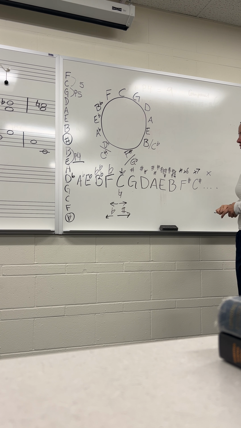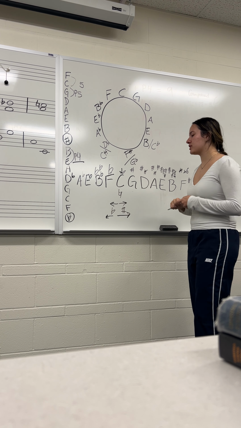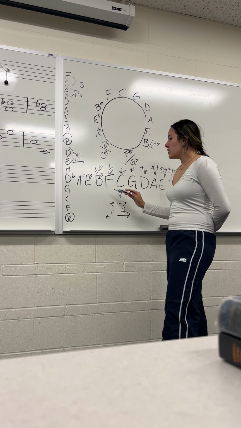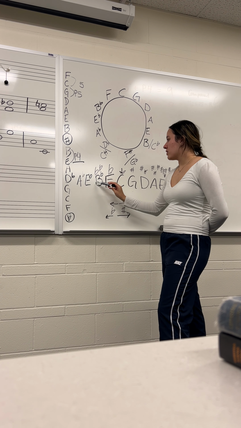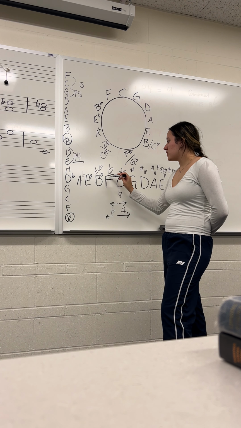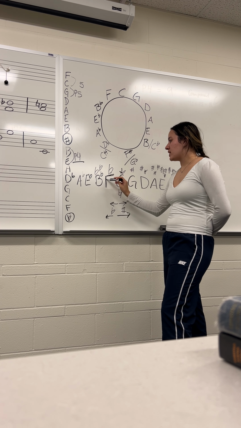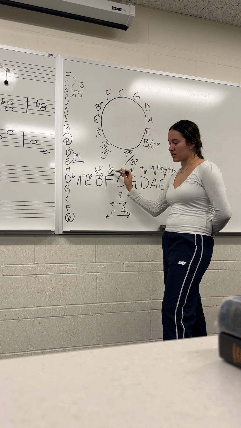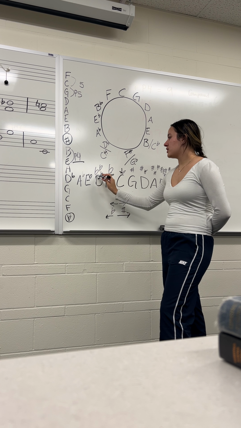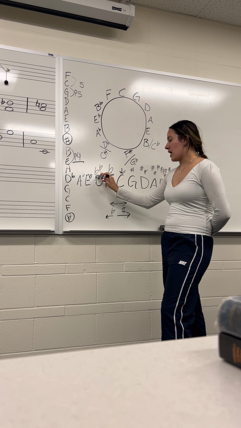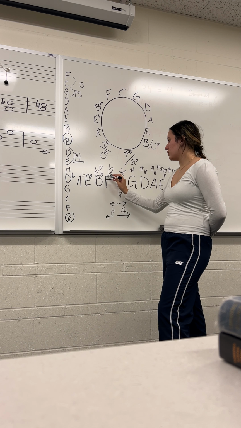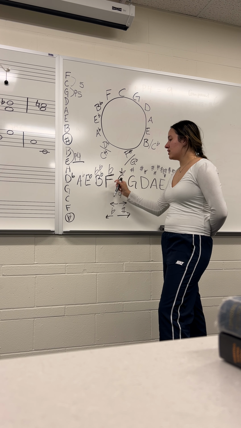And for identifying how many flats are in each flat key signature, one way you could do it is by starting with F. If we were going to find out what note in the key of F major has the flat accidental with it, we go 1 to the left, and that is our last flat.